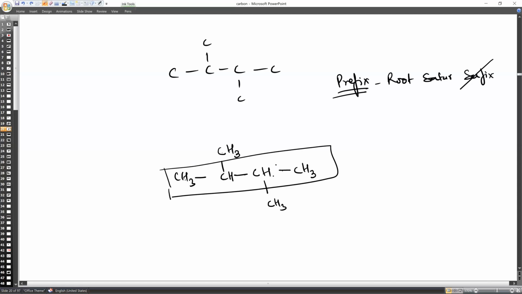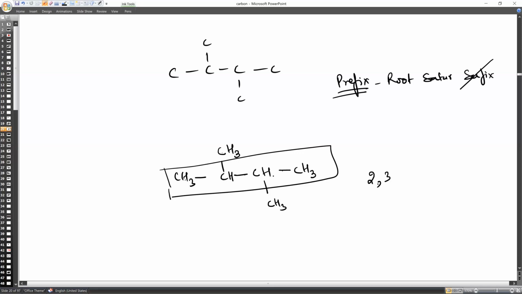So what should be the name for this one? First of all, if the same prefix is present more than once, this is CH3, this is also CH3, then we use di, tri, tetra before their name. First we write the number: at 2 position, comma, and 3.